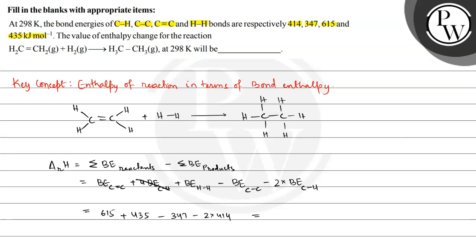The value of this is equal to minus 125 kilojoule mole inverse. So the enthalpy of reaction delta H reaction is equal to minus 125 kilojoule mole inverse.